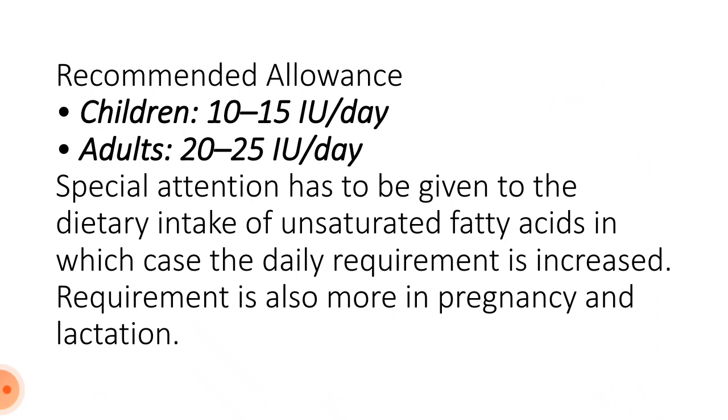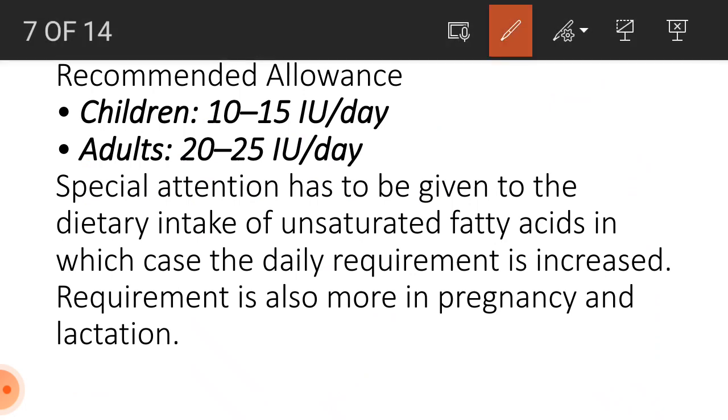The recommended allowances for children are 10 to 15 IU per day, and for adults 20 to 25 IU per day. Special attention has to be given to the dietary intake of unsaturated fatty acids, in which case the daily requirement is increased. Requirement is also more in pregnancy and lactation.